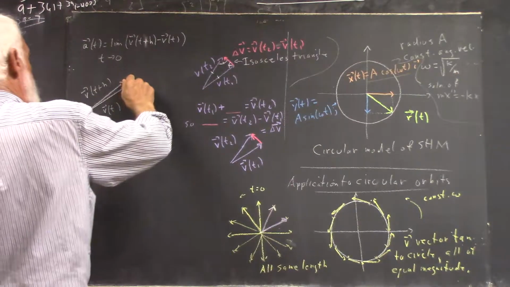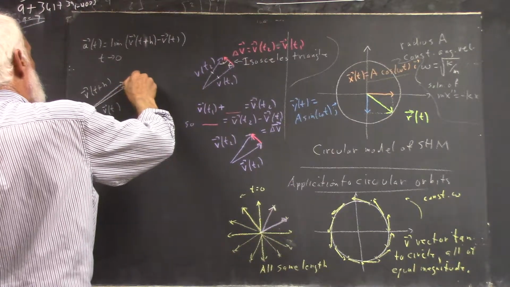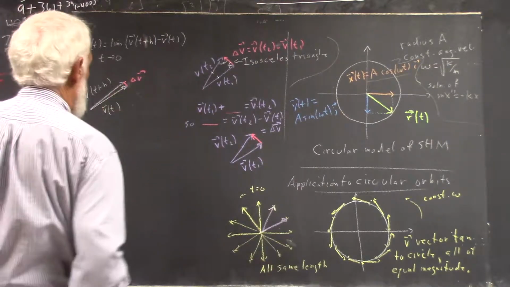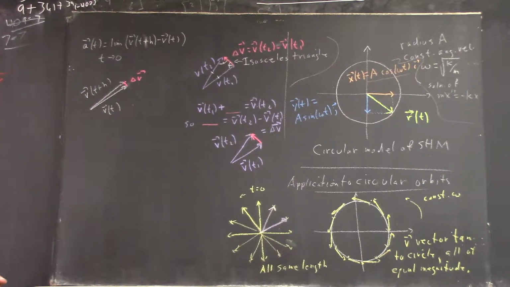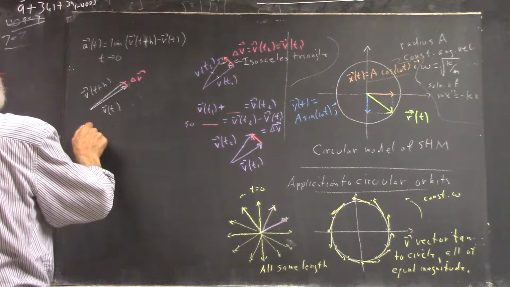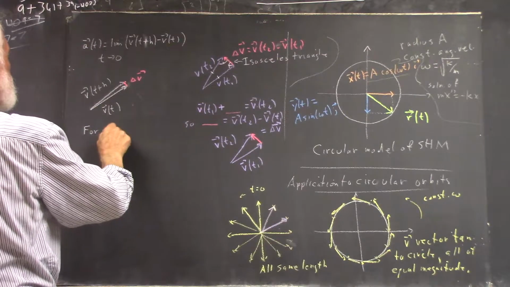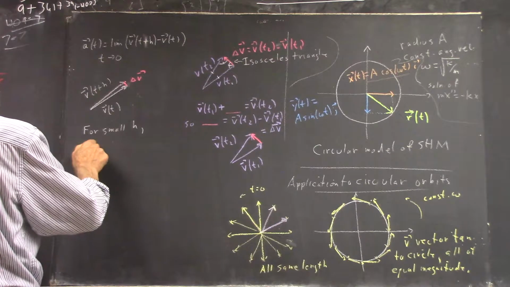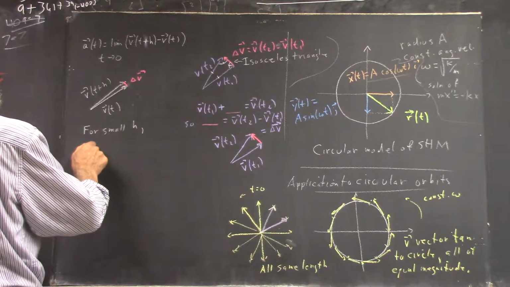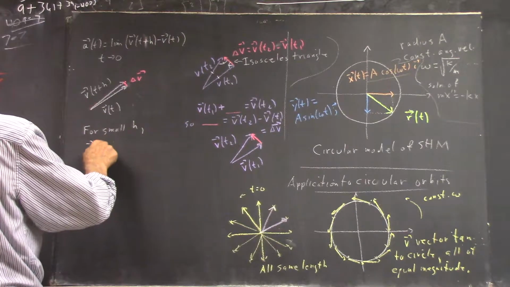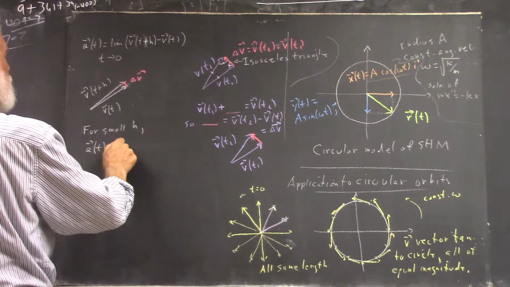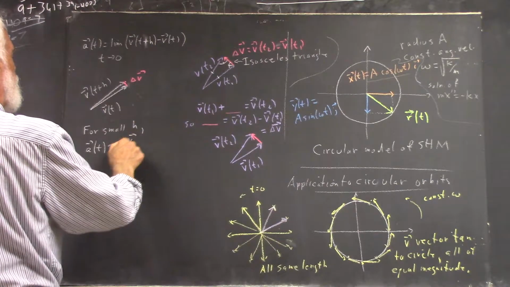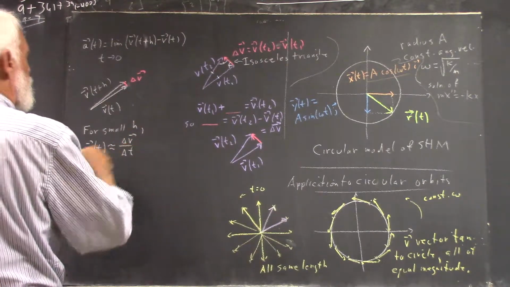And again, we're going to have a delta v. Okay? And the acceleration for small h, acceleration at time t, is approximately equal to the delta v over delta t.